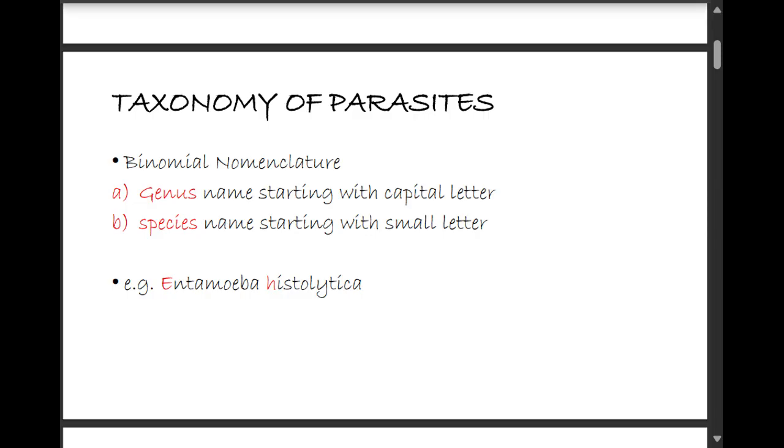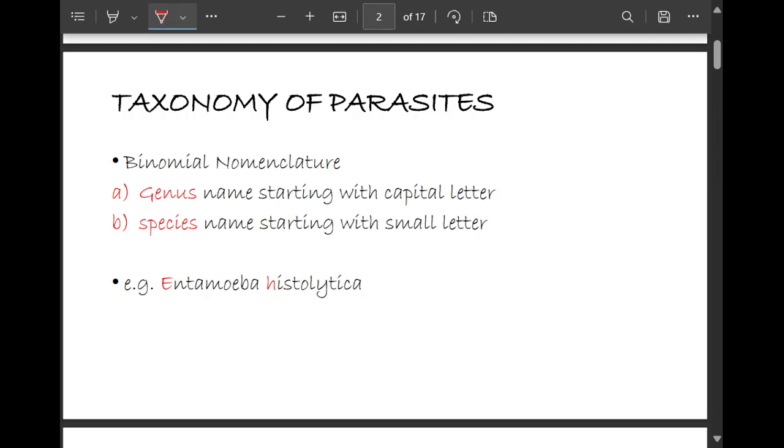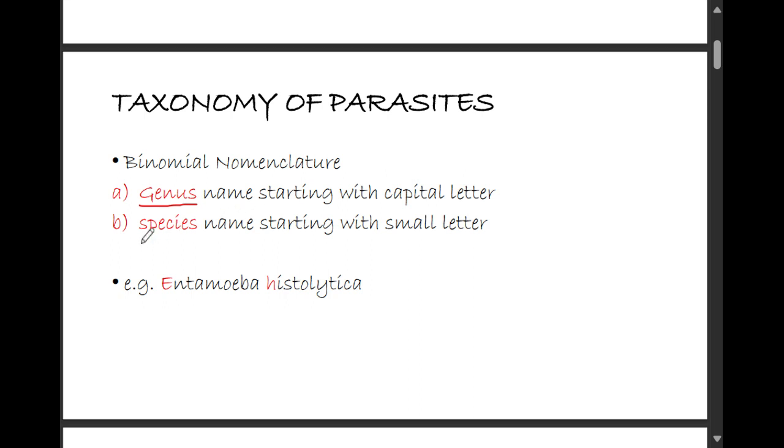It has the genus name, and this genus name will always start with a capital letter. Then it also has a species name. This species name will always start with a small letter. Are we together? You can just be reacting so that we know that you are following.